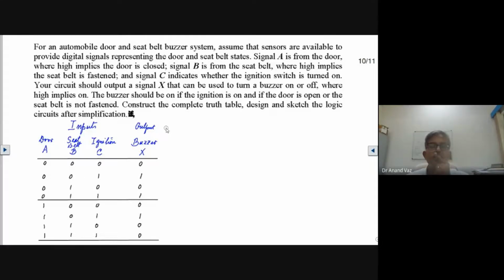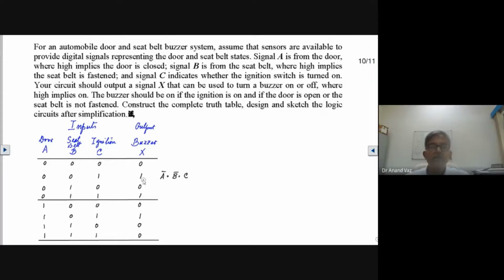Wherever we have the output as 1, we will see the inputs. We have not A, not B, and C. You can see 0, 0, 1. So here we will have a fundamental product, not A and not B and C.